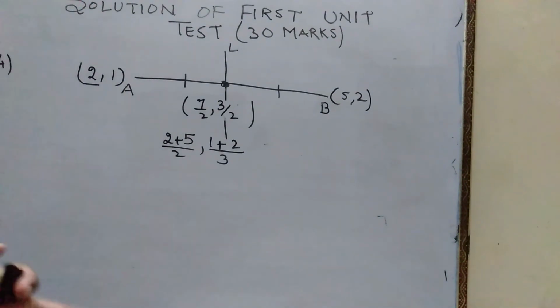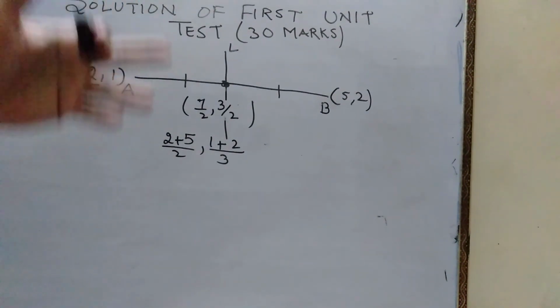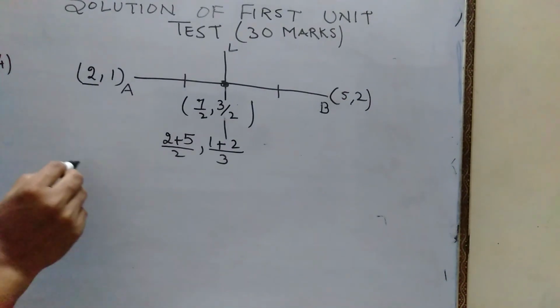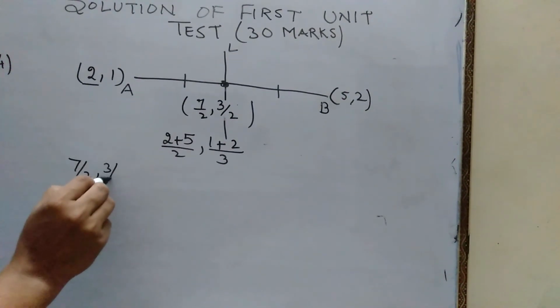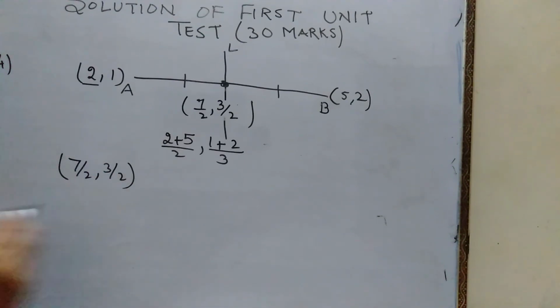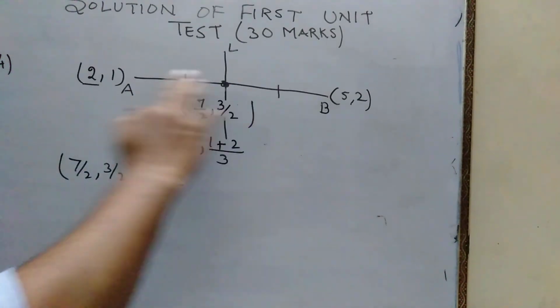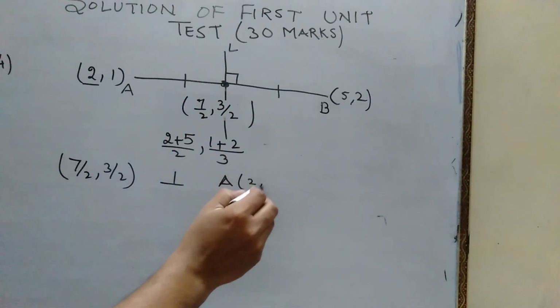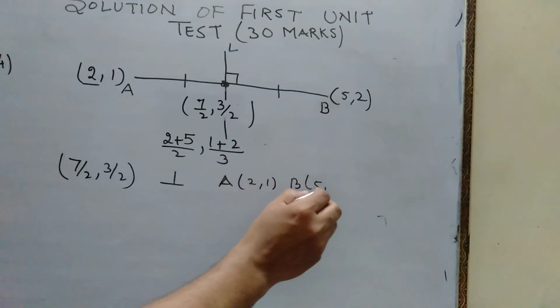Now we have to find the equation of the line which passes through the midpoint of these 2 points. So it passes through 7 by 2, comma 3 by 2, and it is perpendicular to the line joining A and B. A is 2, 1, B is 5, 2.